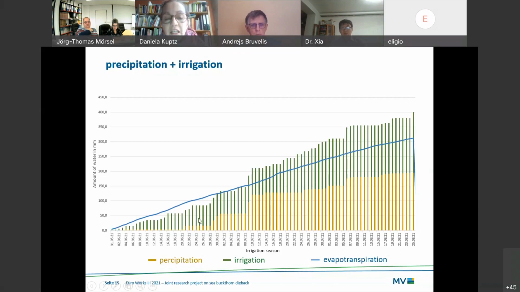As you can see here, with the watering, we could maintain nearly sufficient moisture in the soil, and even until the 10th of July, we stayed above it. The blue line shows the evapotranspiration again. There's no detailed description about the watering of Seabuckthorn, so this is very interesting to figure out.